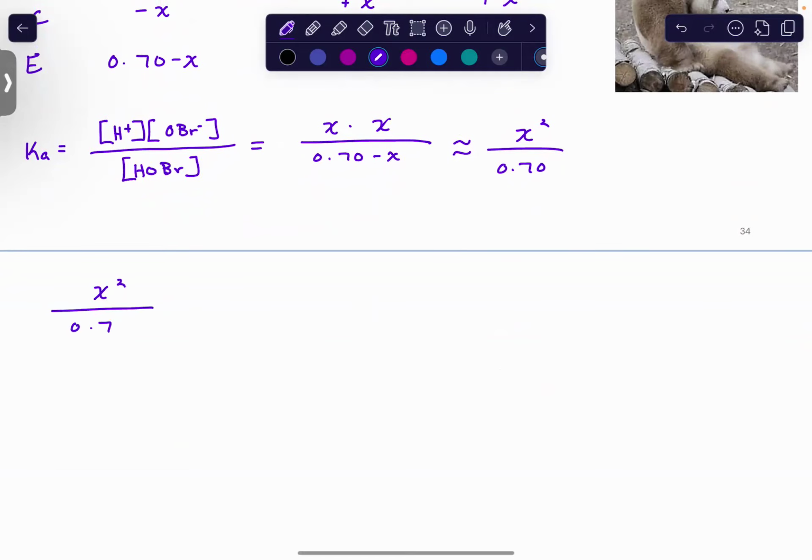So that's going to give us X squared over 0.70, and that's going to equal our 2.0 times 10 to the negative 9th. Multiply through by 0.7. Square root both sides.